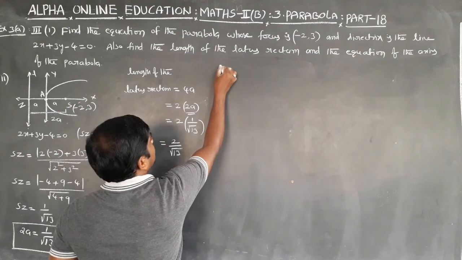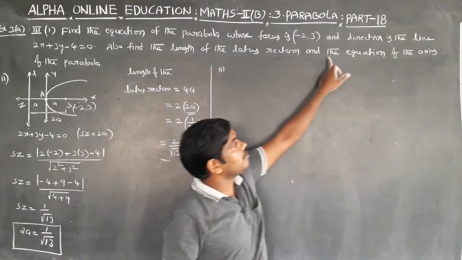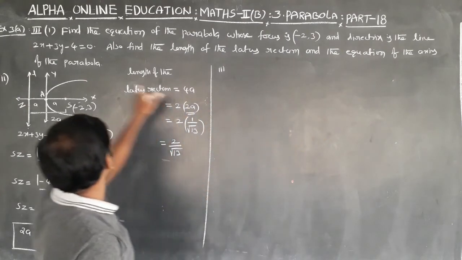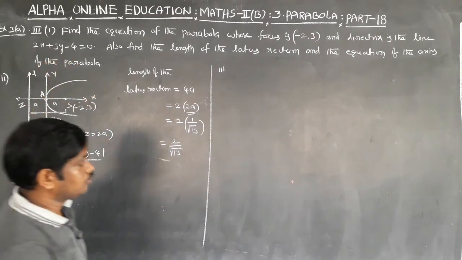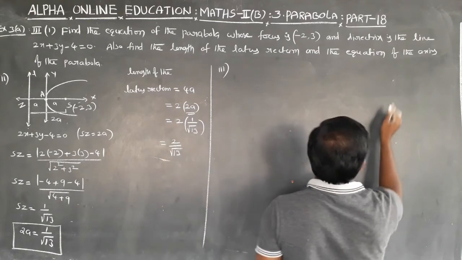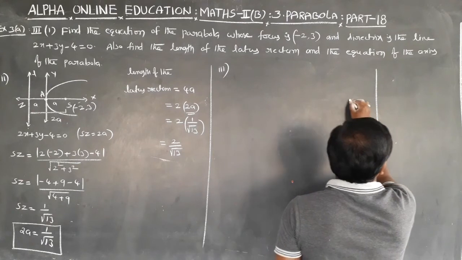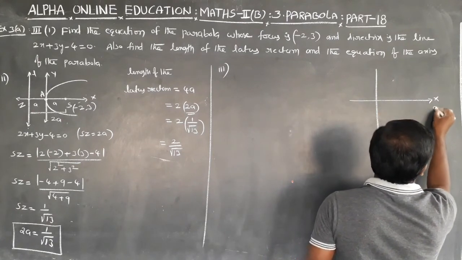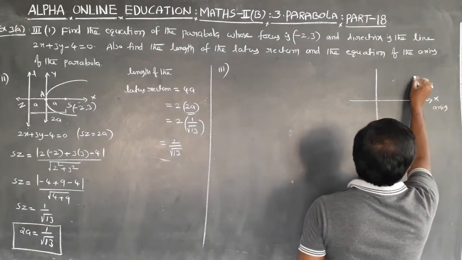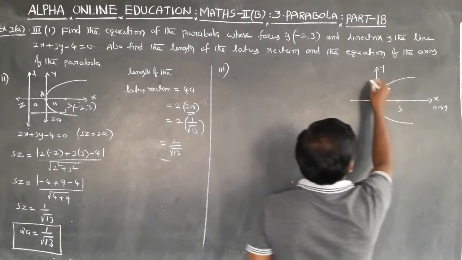Next one is the third one. Third one is find the equation of the axis of the parabola. This is the x-axis, this is the focus, this is the y-axis.